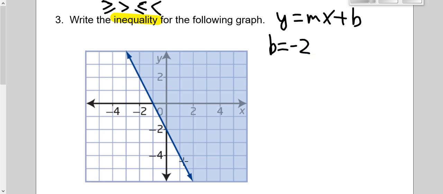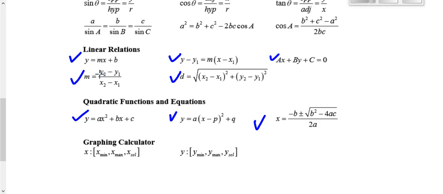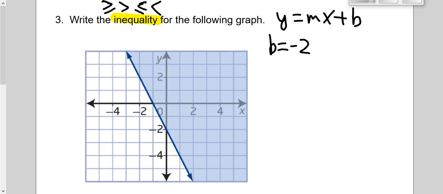If you don't know what m is, that's the slope, or if you don't know the formula, this is the complicated version. So basically here we can say m equals rise over run. So now pick a point, actually pick 2 points. From the 2 points you can figure out the rise and the run.